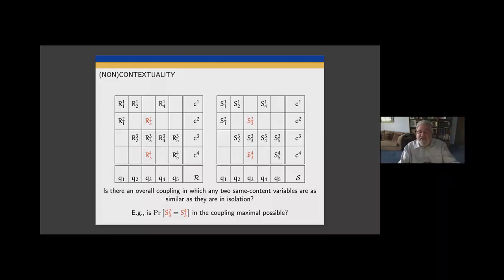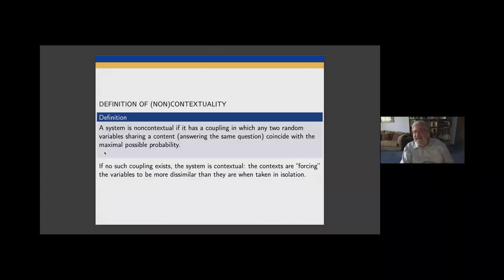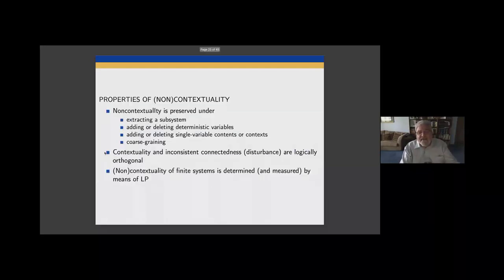And so the question now is, is this the same maximal probability that we have computed for these two when we have taken them in isolation? And if the answer is yes, then we say that the system is non-contextual. And if such an overall coupling cannot be constructed, then we say that the system is contextual. It is everything I really wanted to recapitulate before I go to cyclic systems.